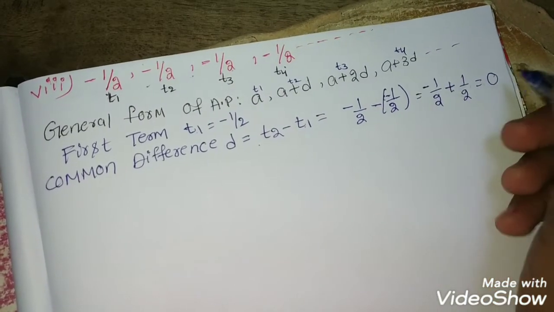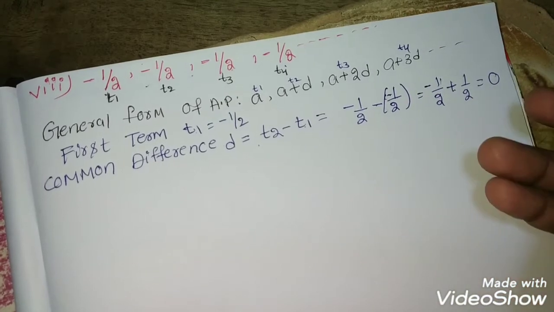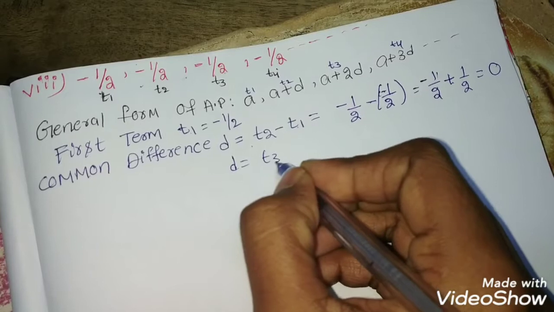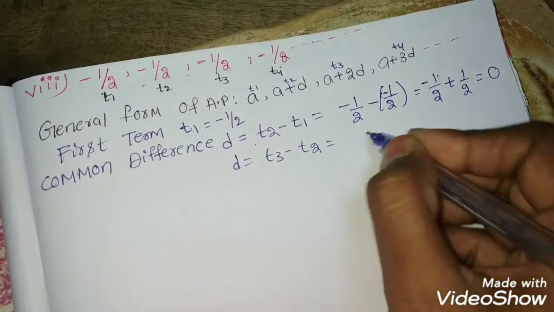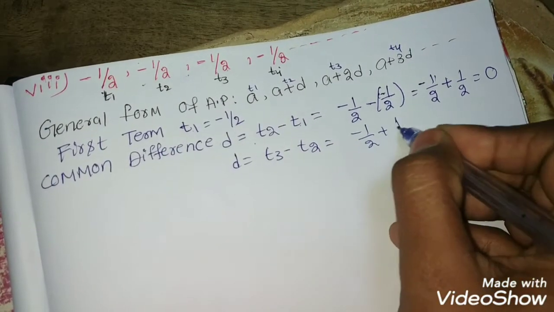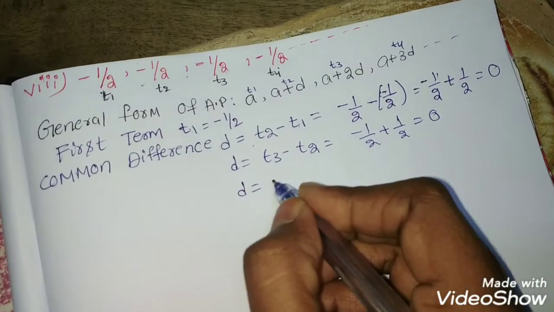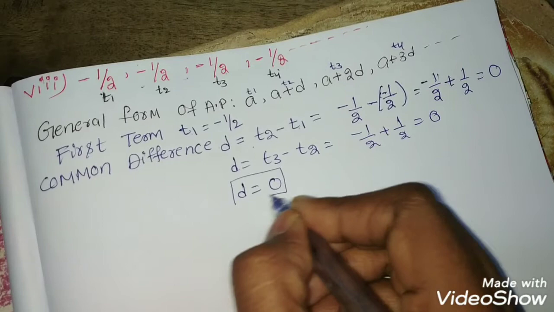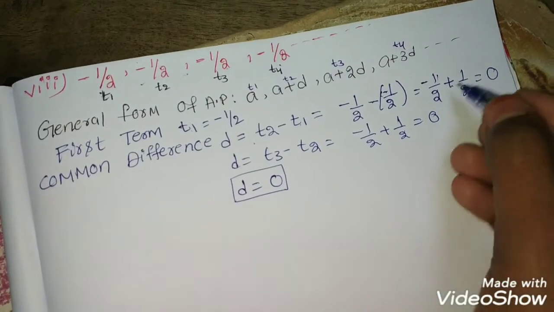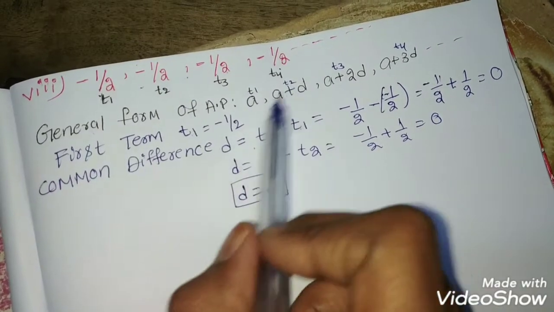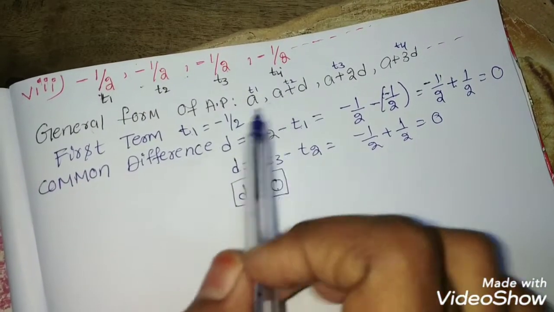Next check T3 minus T2. The same, right? Minus 1 by 2 plus 1 by 2, we get 0 itself. So what is the common difference? D is 0. So we are getting a constant term here, 0. So this series is in arithmetic progression.